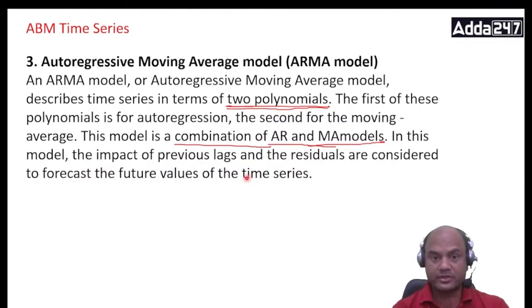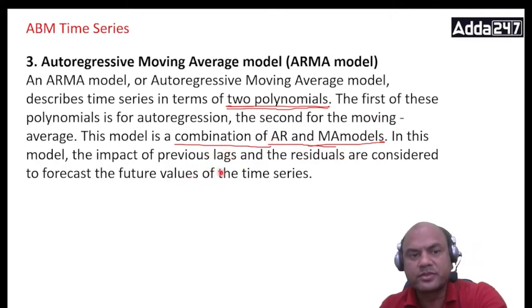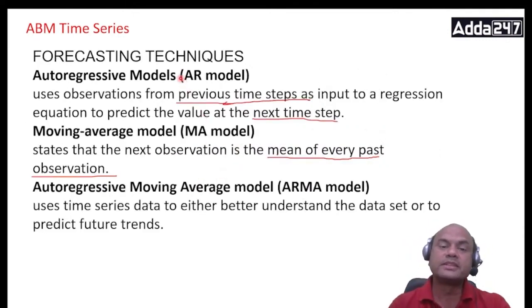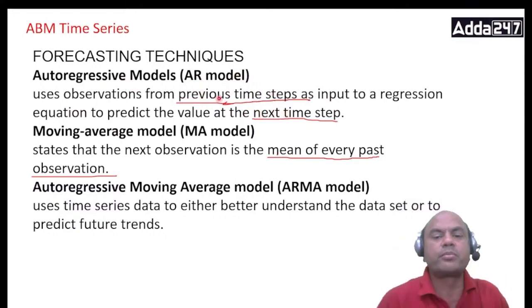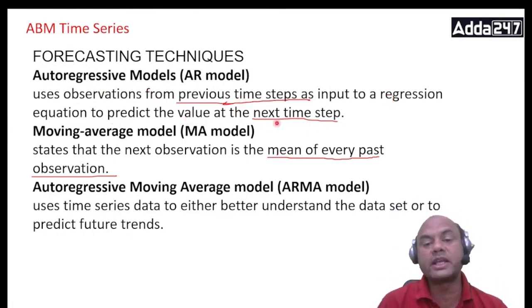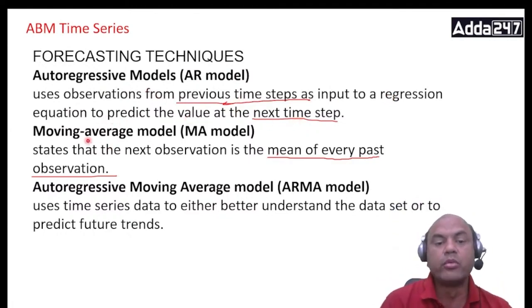Now these are given in short. Auto-regressive uses observations from previous time steps as input to the regression equation to predict the next time step. Moving average MA states that the next observation is a mean of every past observation.